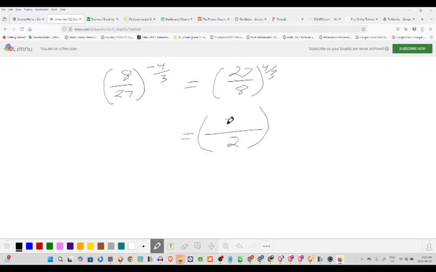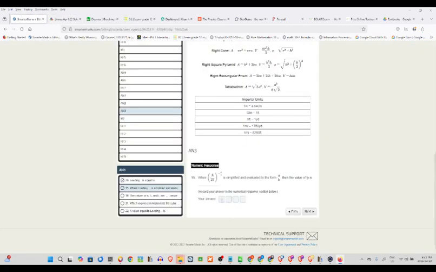So the cube root of this makes it 3 over 4. We bring that to the 4. 3 to the 4 is 81. 2 to the 4 is 16. So our denominator is 16. This is one you could type into your calculator exactly as is, tell it to write your answer as a fraction, and that'll give you the 16.